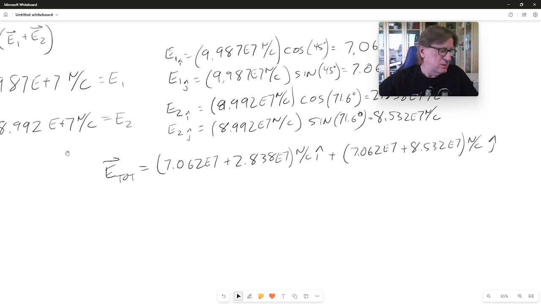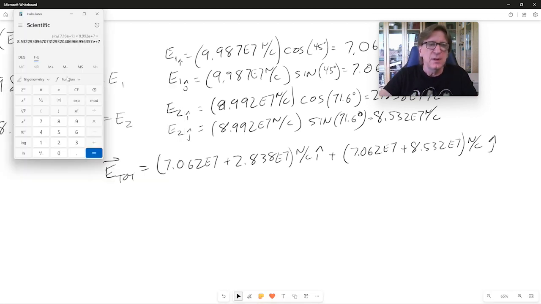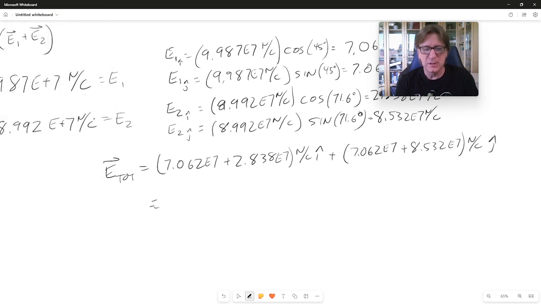All right, so let's do the math. For the I hat component, I've got 7.062 times 10 to the 7 plus 2.838 times 10 to the 7. And so that's 9.9 times 10 to the 7. So this equals 9.9, and we still have 3 significant digits here, e to the 7 newtons per coulomb I hat.